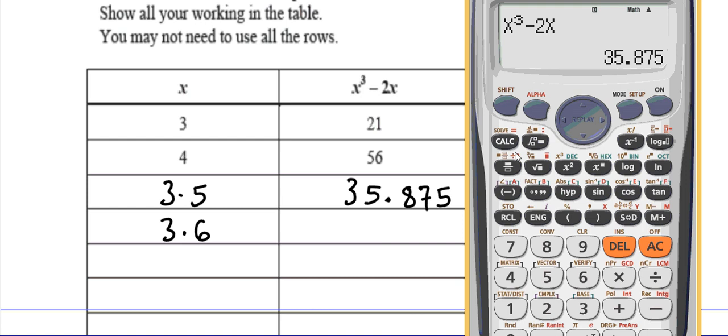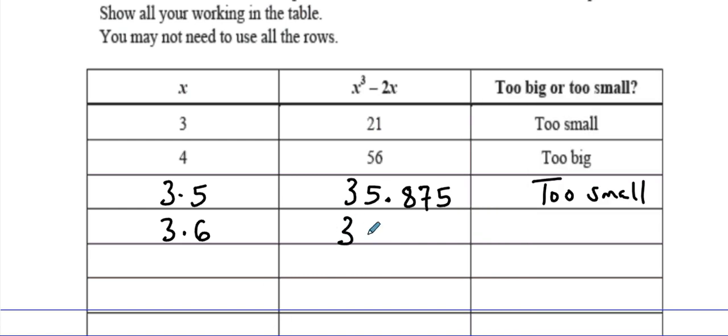Do that. Calculate. Try 3.6. You get 39.456. So still that is too small.